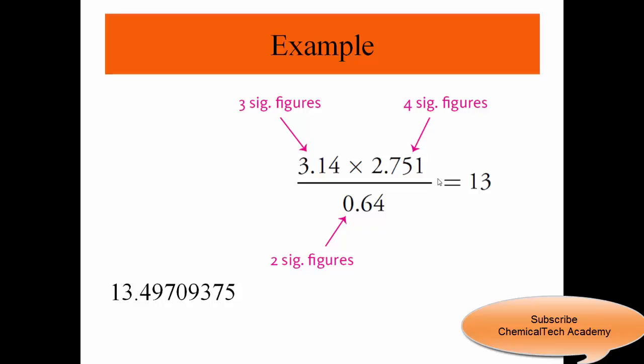Let's have another example. This is a combination of multiplication and division. So we have 3.14 times 2.751 divided by 0.64. We have three numbers with three different significant figures. 3.14 has three significant figures, 2.751 has four significant figures, and 0.64 has two significant figures.